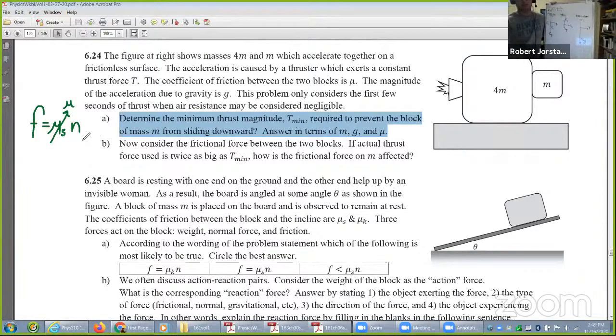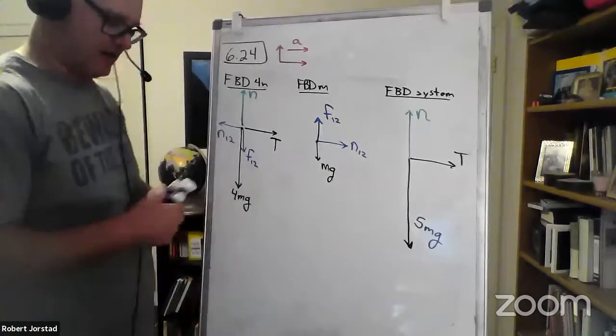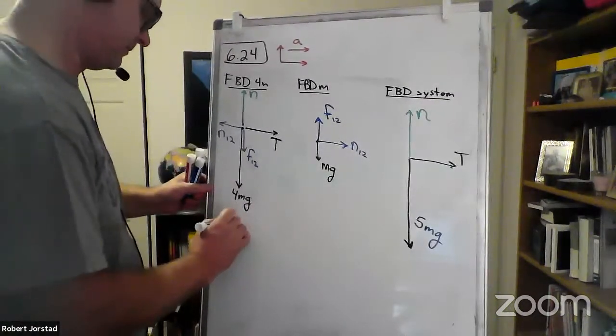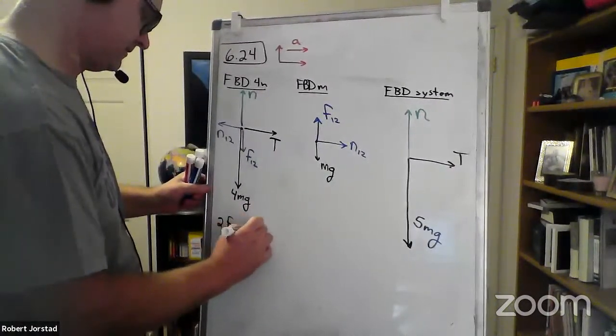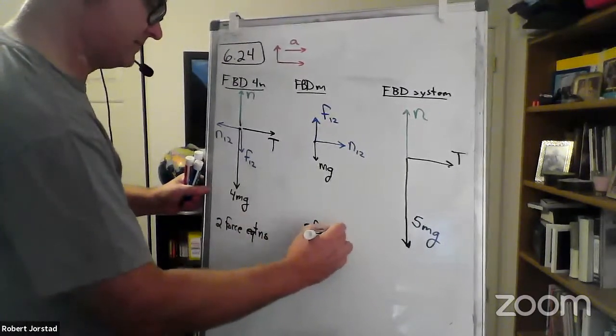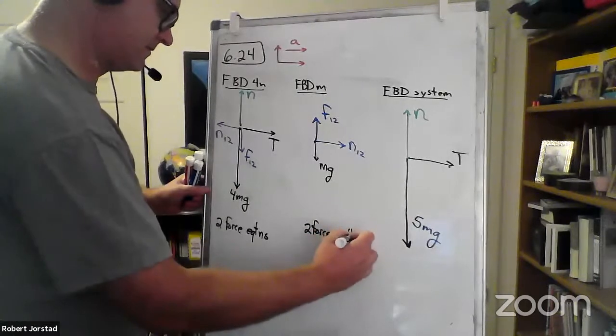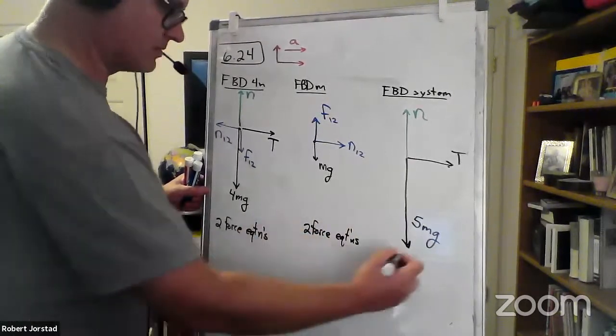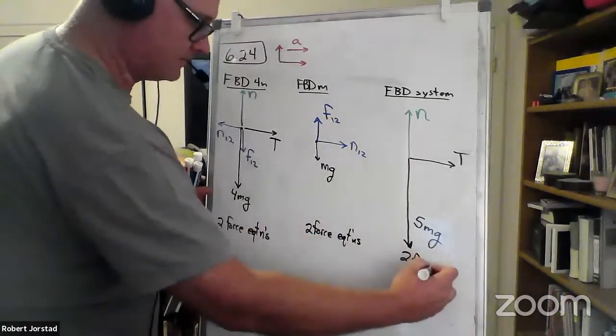Does that make sense? So in this case, we actually have how many equations here? Let's take a look at the board here. So this would have two force equations. This has two force equations. And this one has two force equations.